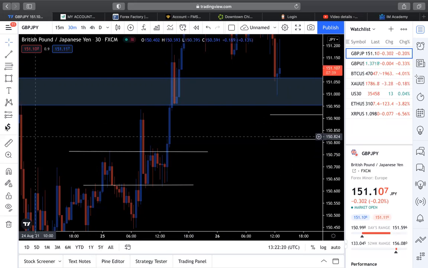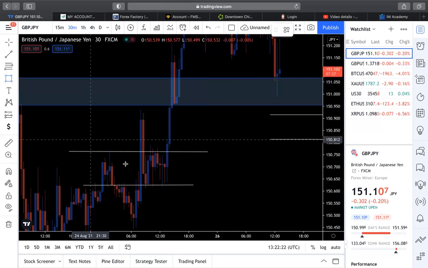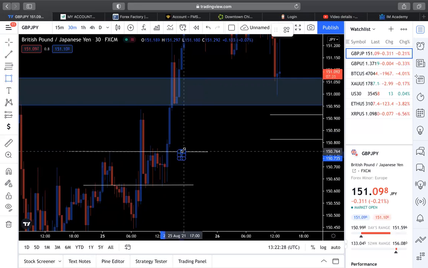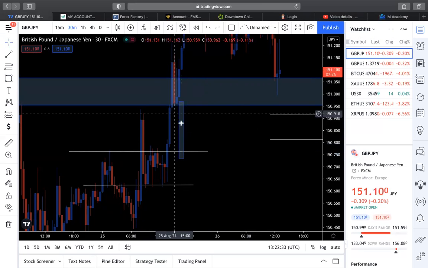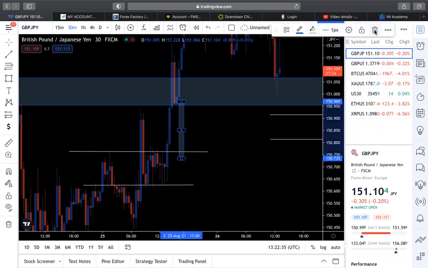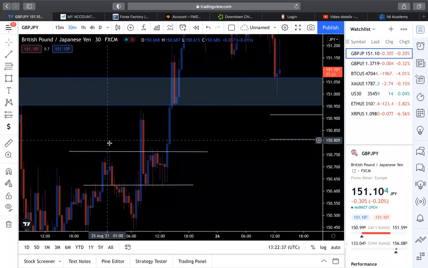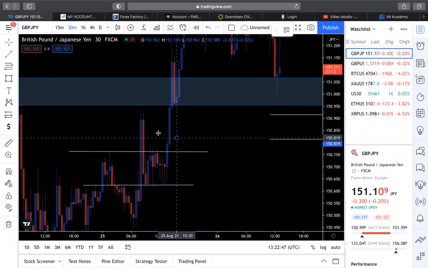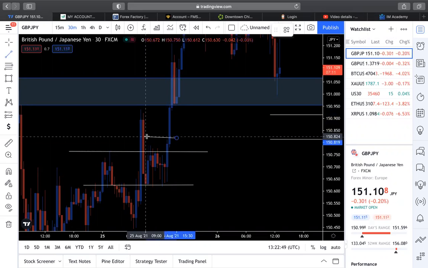So GJ close. That's one way that I would get into a trade. And then another way I would get into a trade as well: sometimes GJ would just break this resistance and continue to go up without closing like that. So GJ closed above that. As soon as I saw that, I knew GJ was going to fly up as long as it broke this previous high of this wick. So I got in around right here.